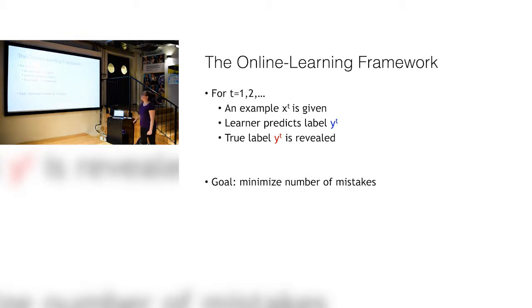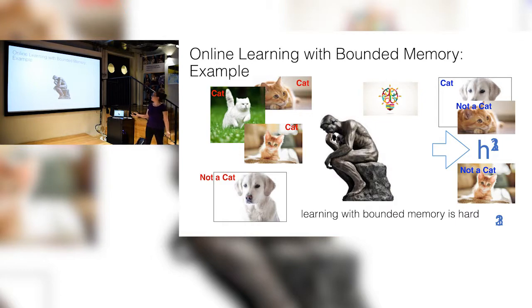Okay, so let's move on to the third definition, which is online learning with bounded memory. We are still with the same example of predicting whether an image is a cat or not, and now what's going on is the following. We get an example, we return a hypothesis just like before, but then when we answer with some hypothesis, we forget everything.